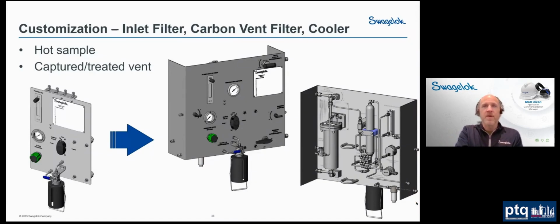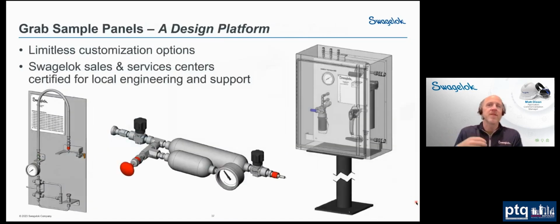And the reason it's so easy is because we consider these GSM and GSL product lines not really to be product lines. We really consider them to be a design platform, a starting point for customization. As a matter of fact, we would say that maybe 10 or 20% of these things are sold as is, straight out of the catalog without any modifications.